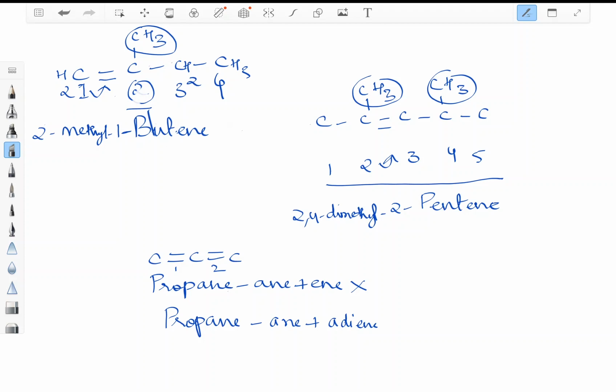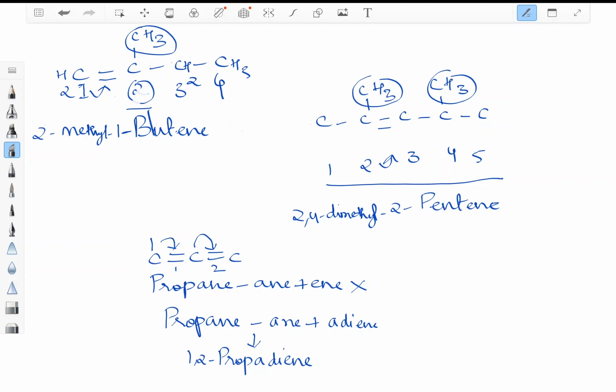So the name will be propadiene. There is no need of actually writing the position here because this is the first position, this is the second position. If you want, you can write 1,2-propadiene.